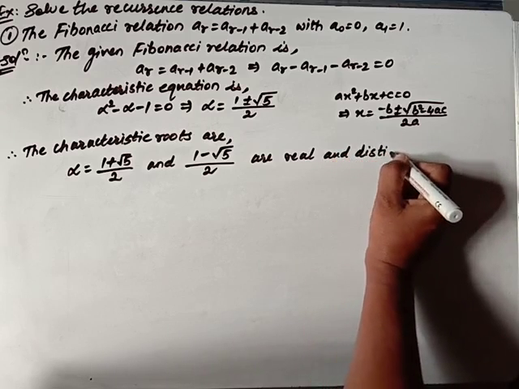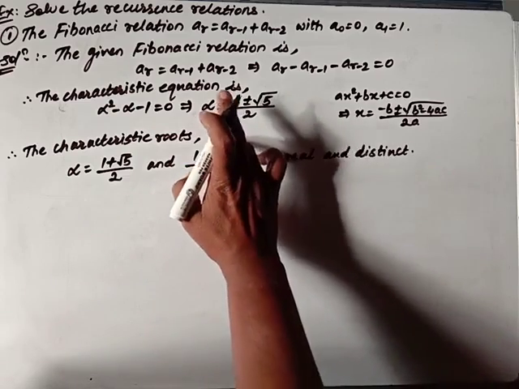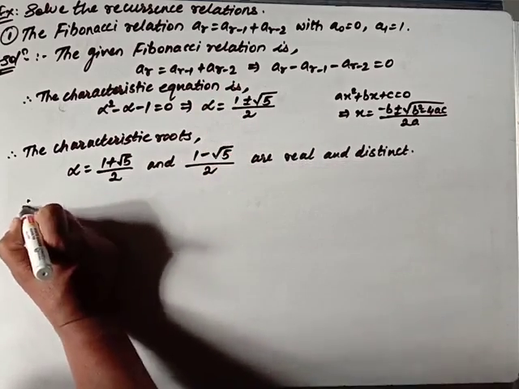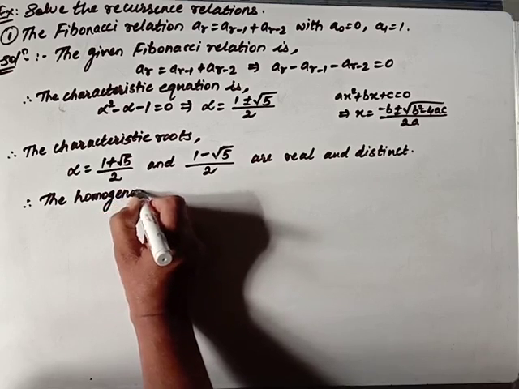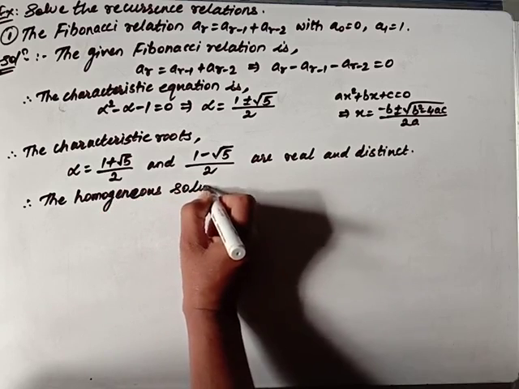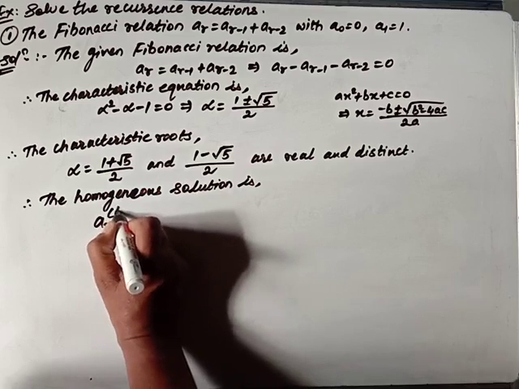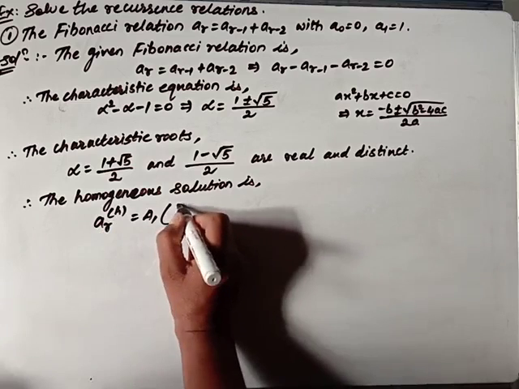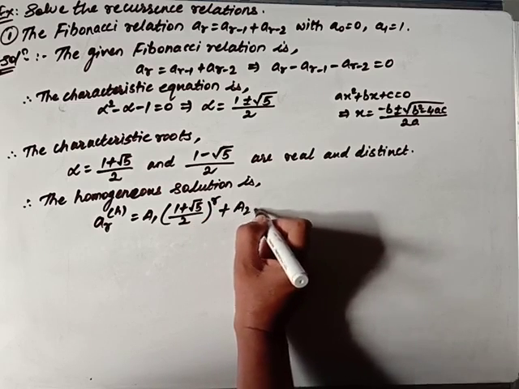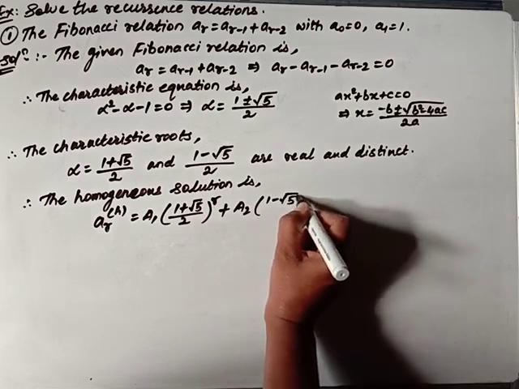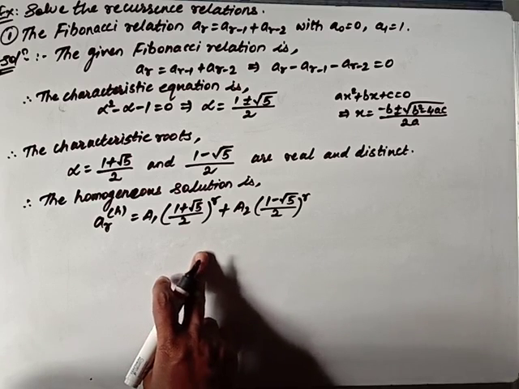As they are real and distinct, therefore the homogeneous solution is a_r^(H) equal to A1 into (1 plus root 5 by 2) raised to r plus A2 into (1 minus root 5 by 2) raised to r. This is the homogeneous solution.